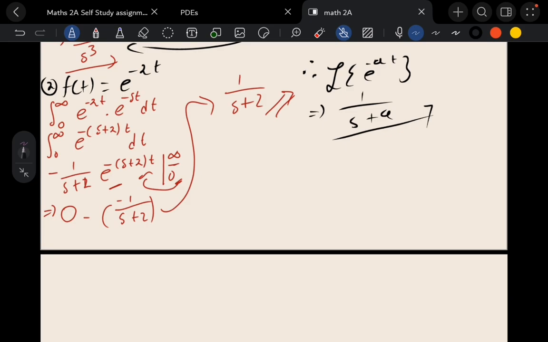So the third one, by using the first principle, number 3, if your f of t is going to be t squared e to the power 4t.